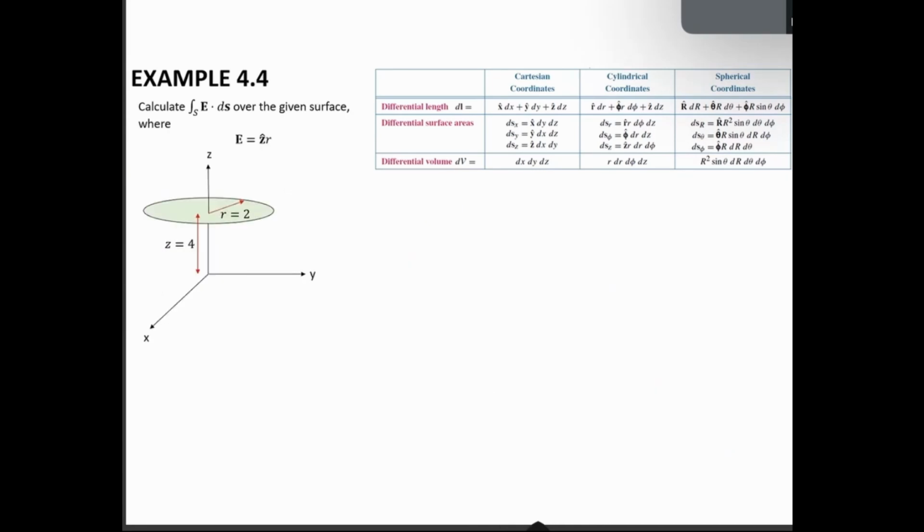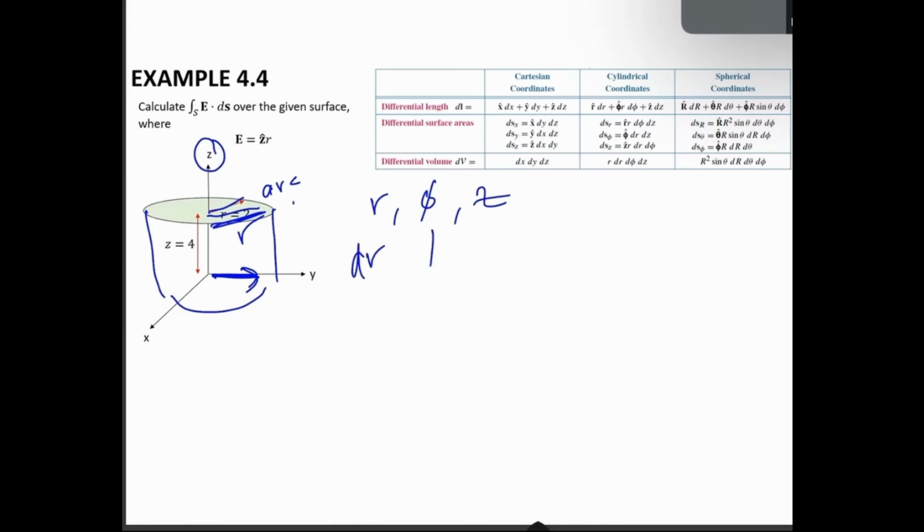Okay, next one is cylinder. For this surface, z is a constant, so we only have the arc here. The arc length, where R is the radius. The coordinates for the cylinder are r, phi, and z: r is dr, r dφ, z is dz.